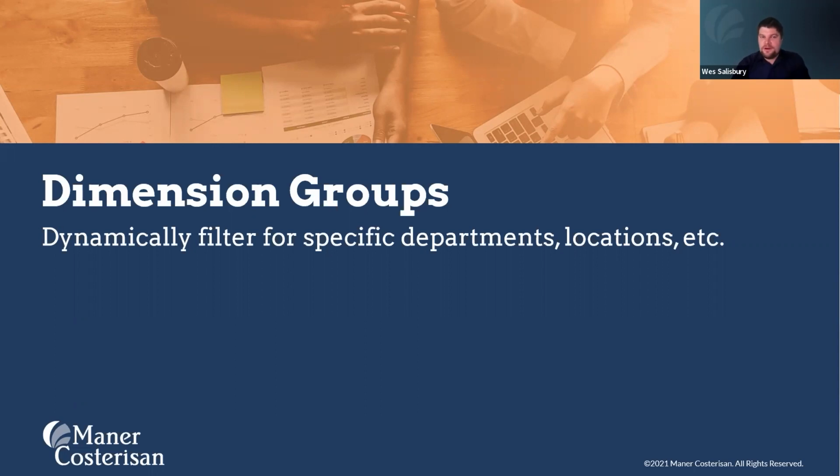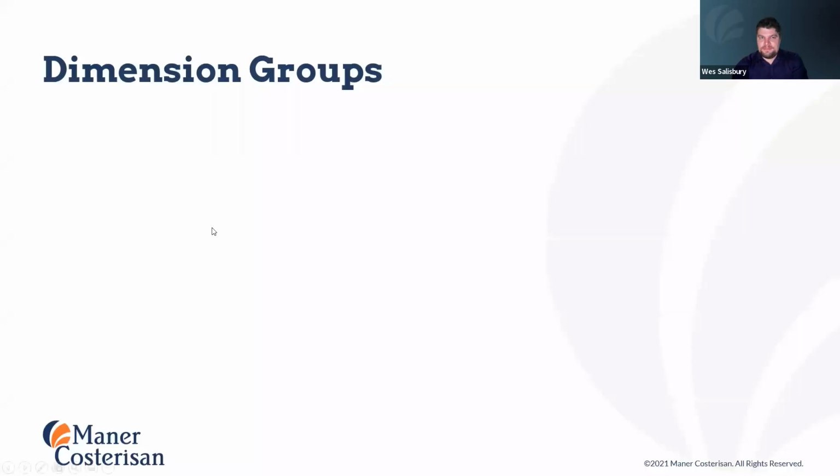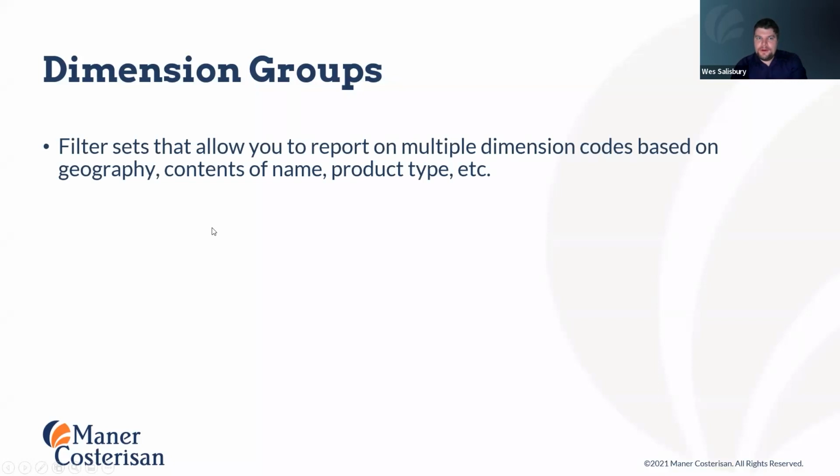Dimension groups are a feature inside of Intacct that allow you to dynamically filter for certain dimensions. Moving on to my next slide here. When you build out a dimension group, these allow you to report on a bunch of different dimension codes and group them together based on geography, certain type of product, certain type of department, things like that.